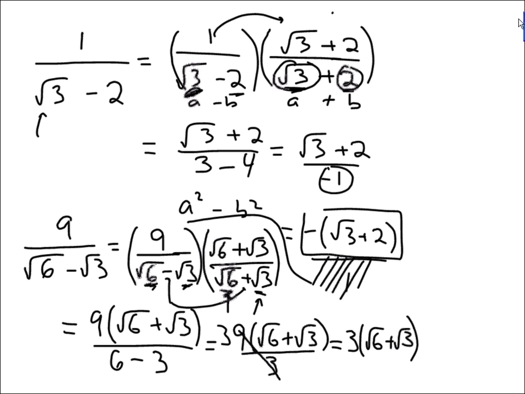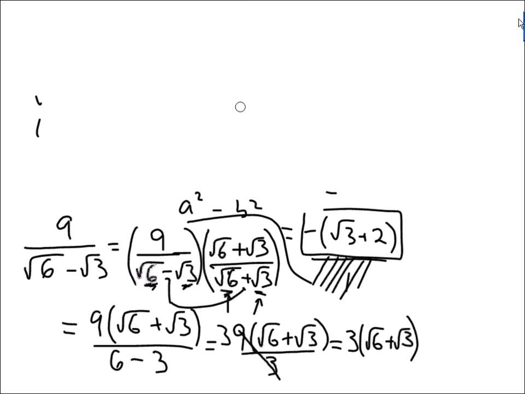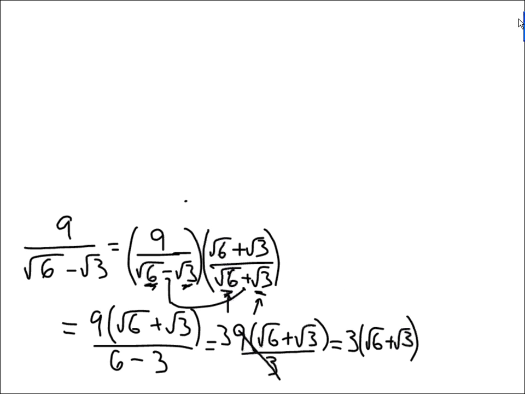Or you can say, well, I can factor out something from that. I can factor out the square root of 3. And let's do that right now. We'll do it on top.